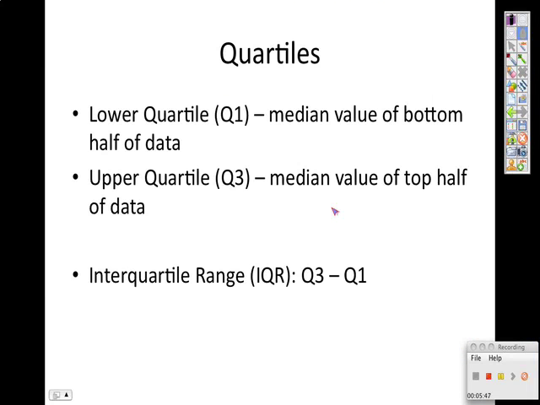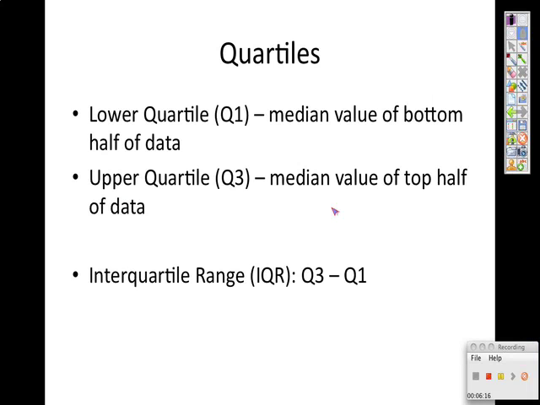So the quartiles are the same as the 25th percentile and the 75th percentile, and for that matter the 50th percentile. The lower quartile is Q1, 25% of our data is below it. The middle quartile, Q2, is the median, 50% of our data is below that. The upper quartile is called Q3, that's the median of the top half of our data.